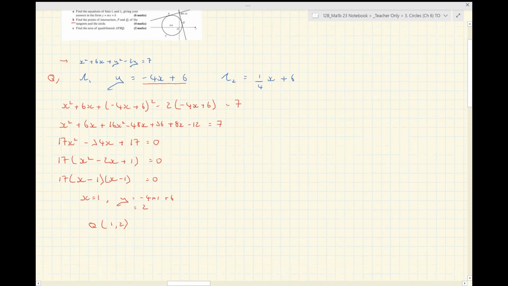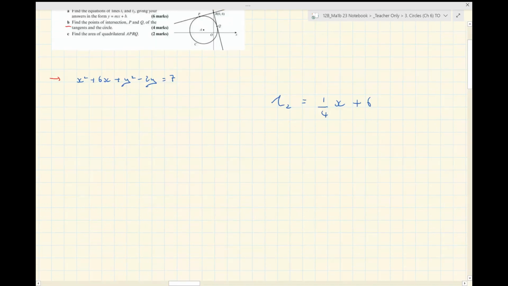Okay, now I'm going to find the point P. To find the point P now, I'm going to solve the equation of L2 simultaneously with the equation of the circle. So this time I've got this expression for y, and I'm going to substitute that into the equation of the circle. x squared plus 6x plus y squared, so that's (a quarter x plus 6) squared, minus 2y, twice (a quarter x plus 6), equals 7.